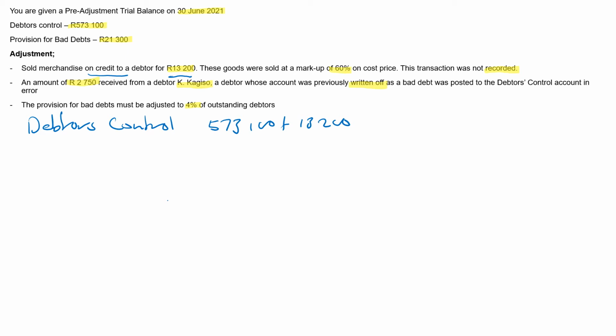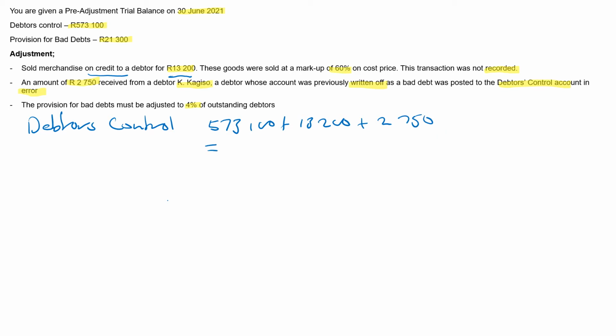When you realized that you won't get it, it was written off as a bad debt. But later on he came and paid, and the payment was posted to the debtors control in error. If you post it to the debtors control, it means you are reducing the debtors control, so you need to correct that. We need to add it back. That's 2,750.